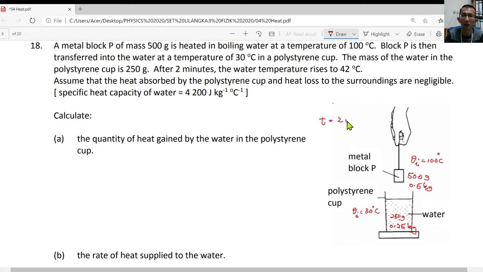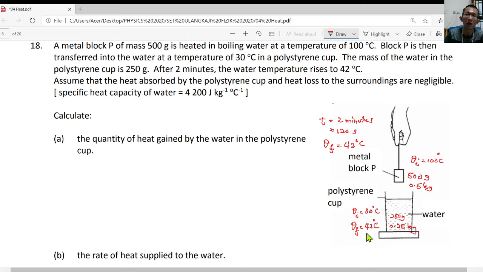The time is 2 minutes, so that would be 120 seconds. The final temperature is 42 degrees Celsius.